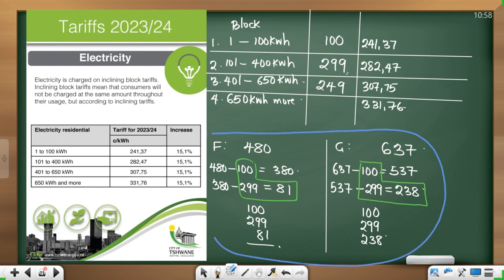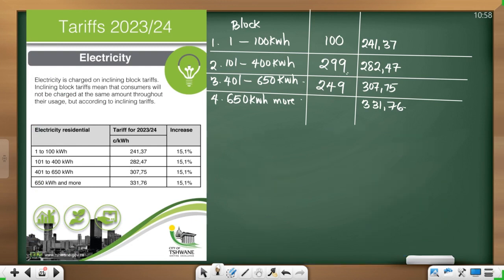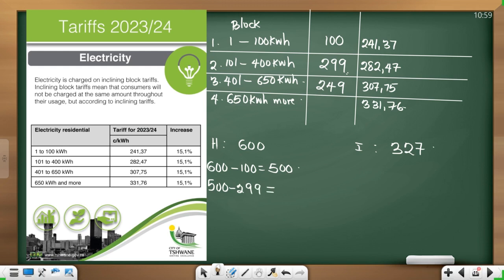G, H, 600, and I, 327. All right, I'll start by saying 600 minus 100. That will give me 500, right? Now, 500 minus 299. What will that give me?